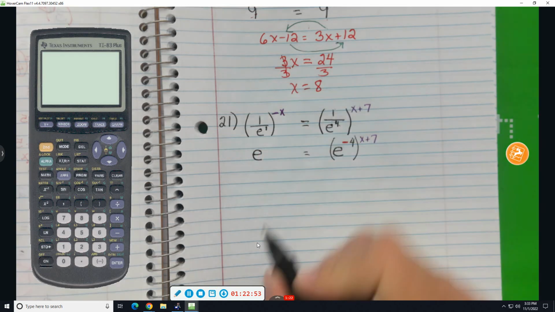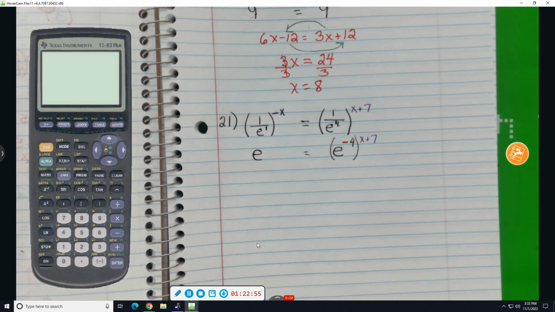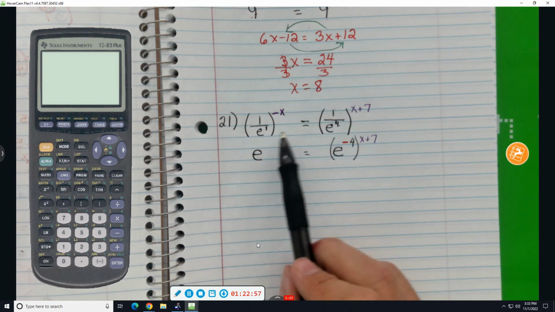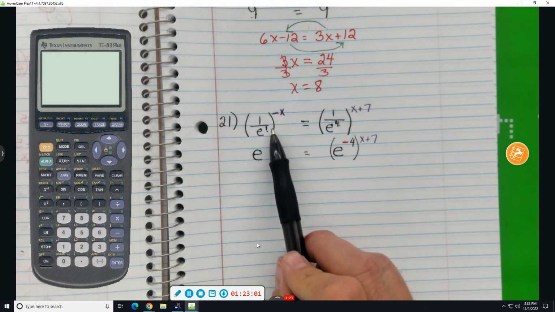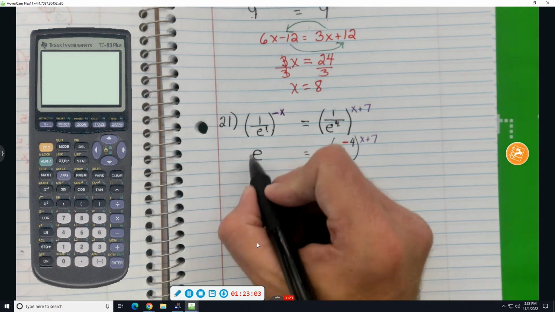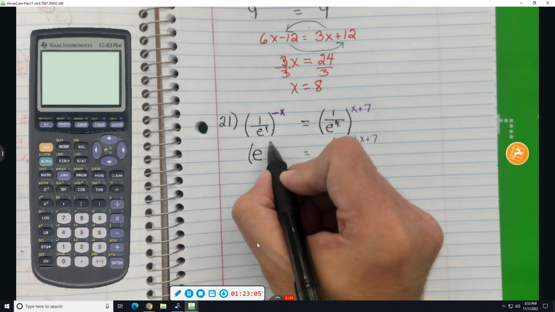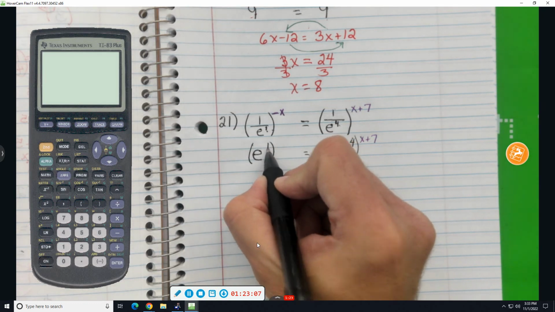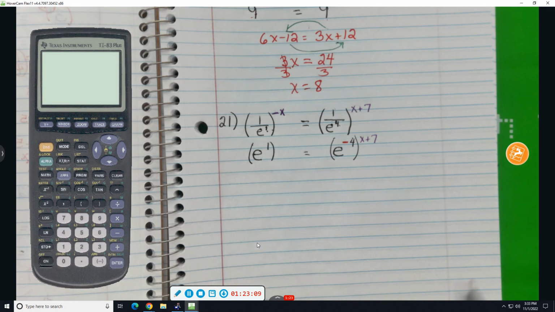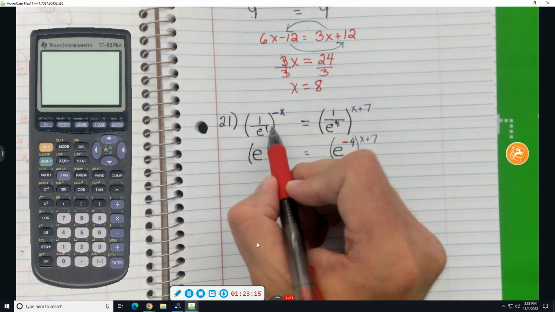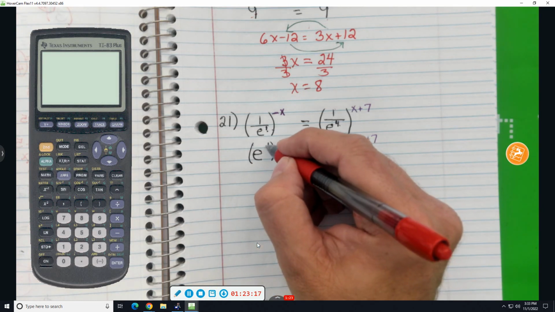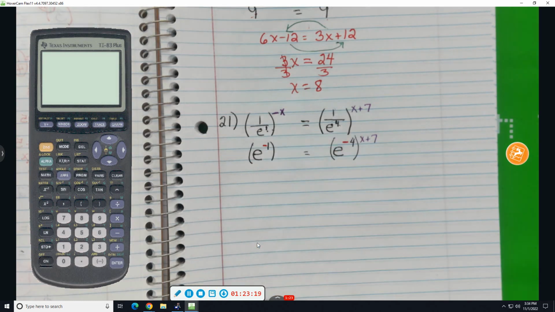If you don't see an exponent on a letter or on a number, there's always a 1 exponent there that isn't written. Having said that, how am I going to write it without the 1 over? I'll have e, and negative, yeah, make the exponent negative.